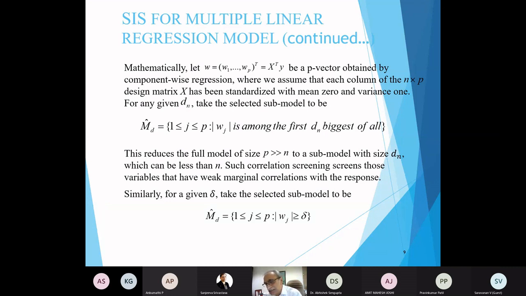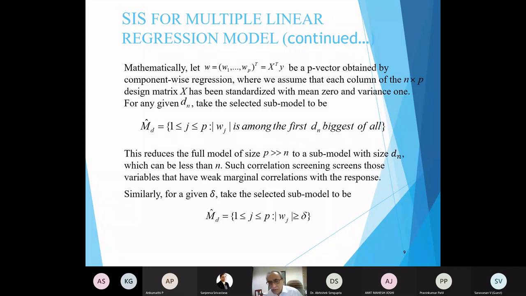That is what statistical insignificance means. So out of this 19,200, you zero in on a fewer number of estimated betas, and the corresponding independent variables are retained, and that is what sure independence screening helps us to do. I hope you got this.